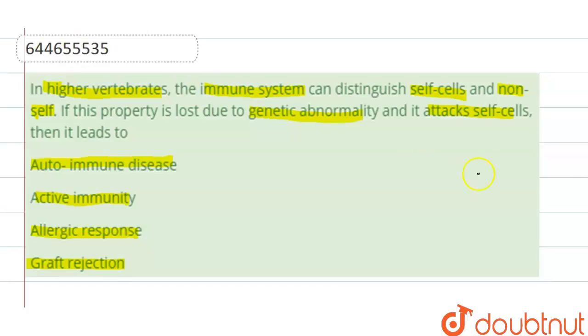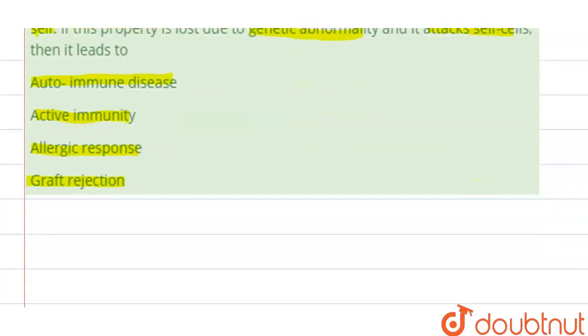So let's go option by option. Option number 1 is autoimmune disease, right? So what is autoimmune disease? First of all, let's understand what is immunity, right? Immunity is basically our body's ability to defend itself from most of the foreign agents.